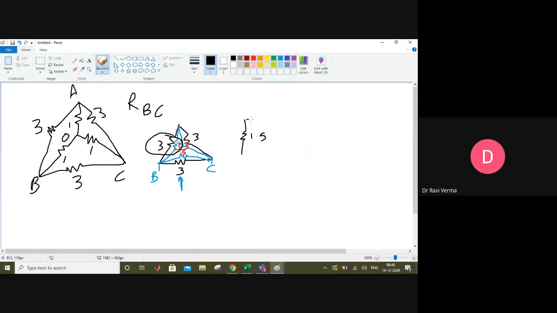Yes, sir. Okay. Then I am extending this node and making it like this. I will make it in an easier way so that you will be able to understand. It will look like this. 3 and 3. Then this point I have extended to here. This is 3. This is 3.